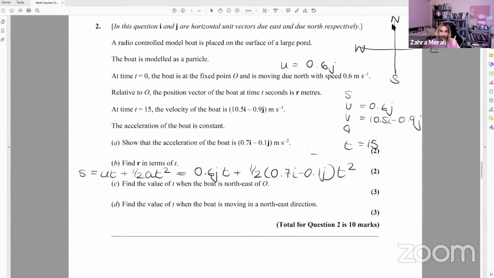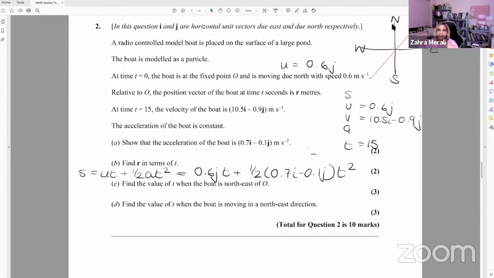Now it says find the value when the boat is northeast. These are quite, you've just got to think about it. What's happening when something is northeast? Well, northeast, the line is here. That's the line, if it was an xy axis, of y equals x.